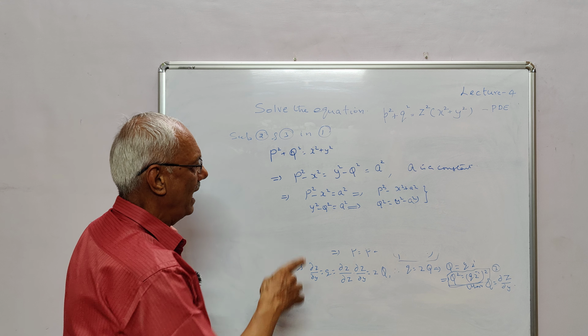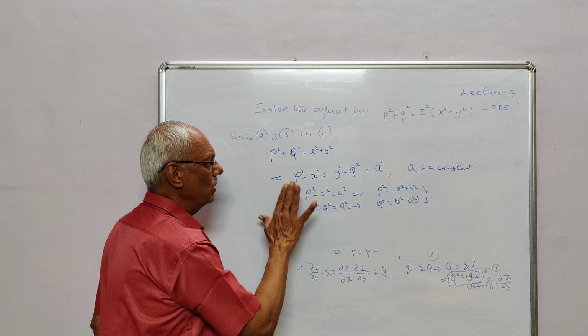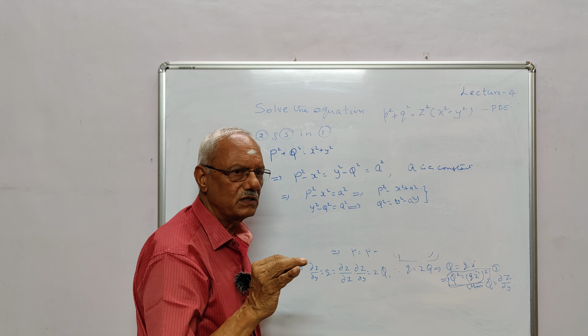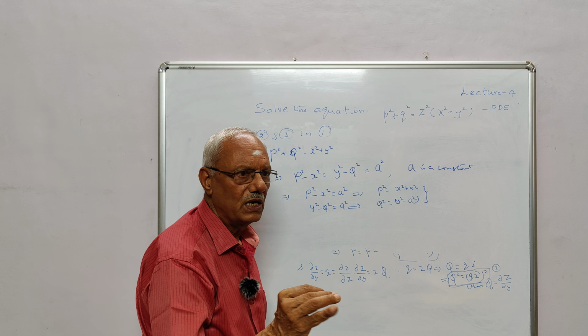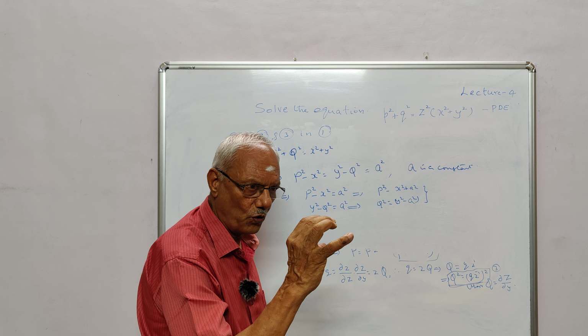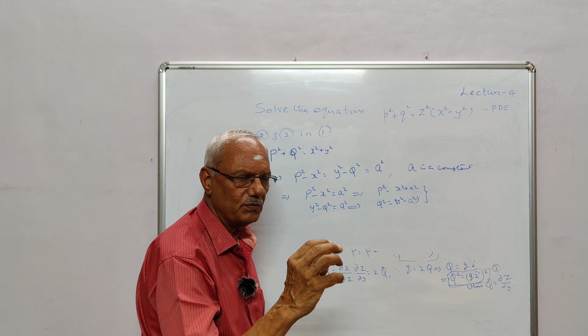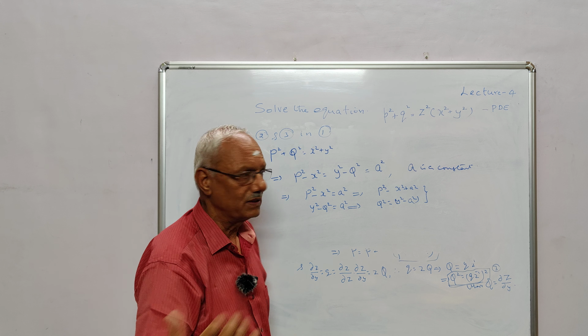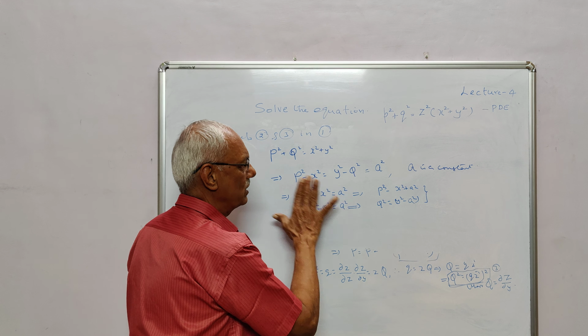Now, having got this, as I told you, I bring it to a form using a particular transformation so that the solution can be written. Now, I am able to bring it to a standard form.